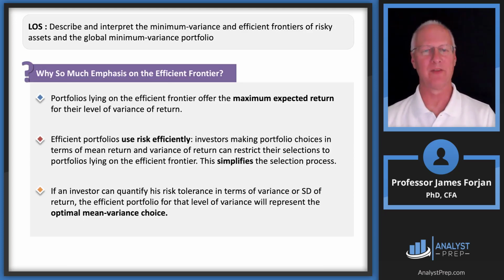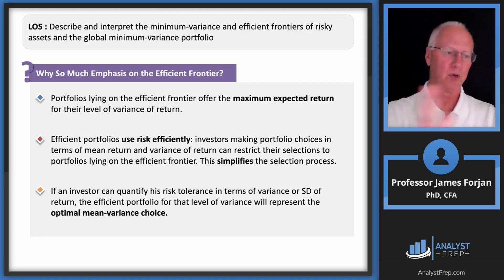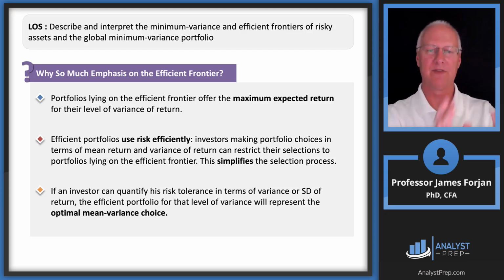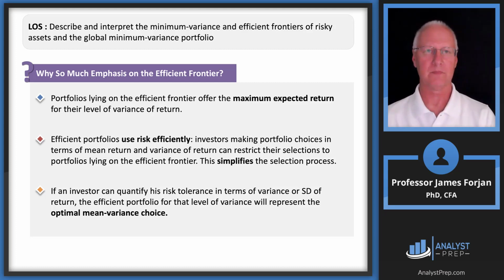Why so much emphasis on the efficient frontier? The portfolios lying on that locus of efficient points offer the maximum expected return for their level of variance. Oh my gosh. So efficient portfolios use risk efficiently. Think about those football players pushing to the left and pushing up.